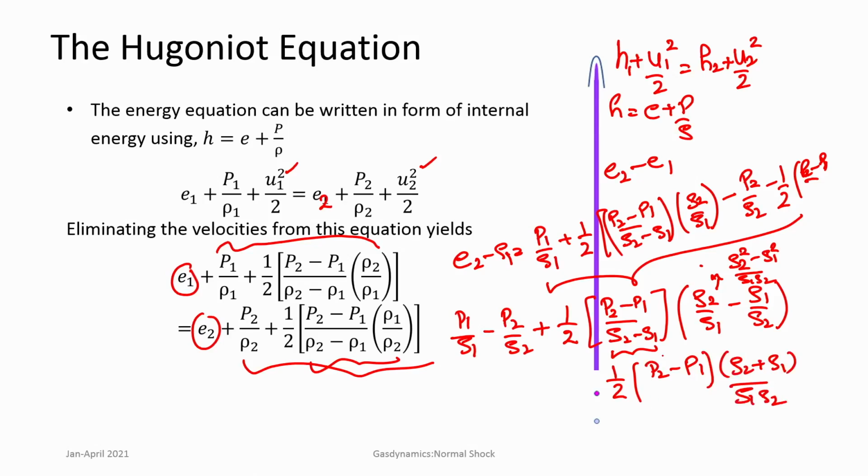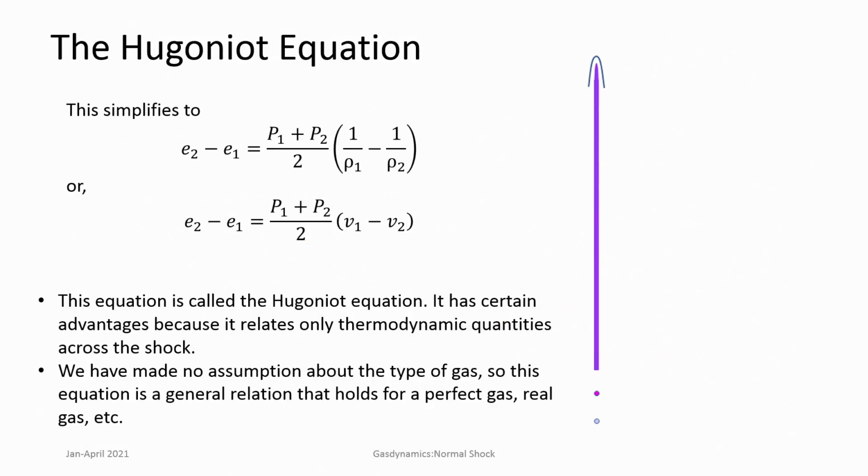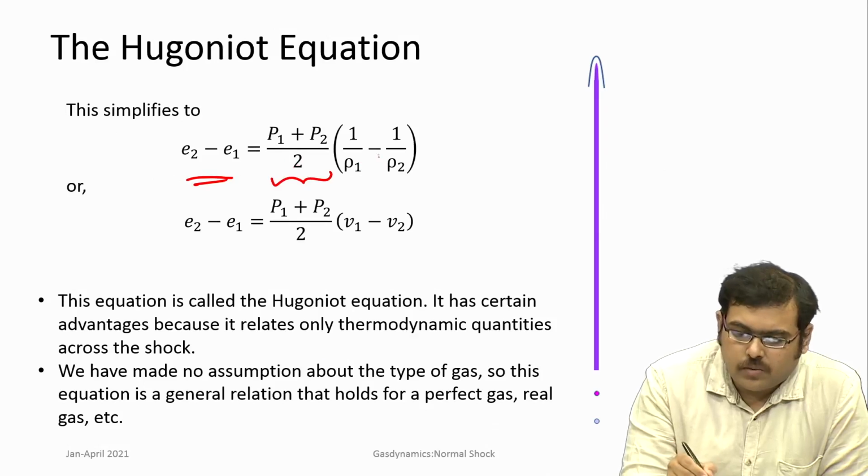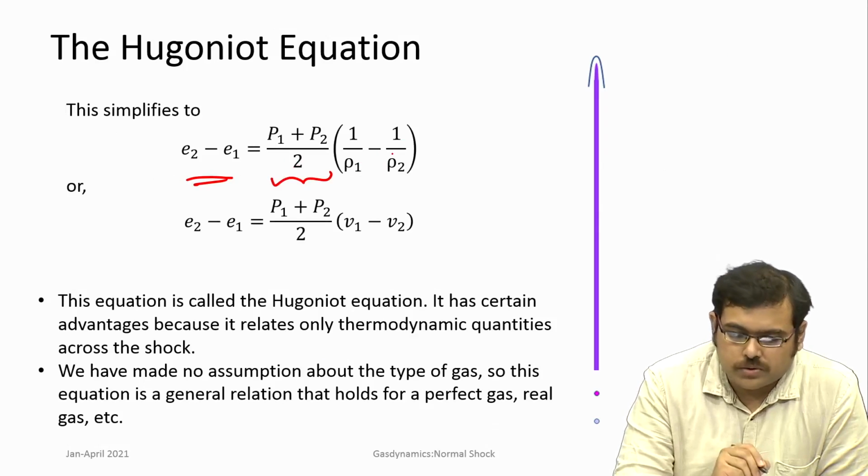So now this can be algebraically simplified, and after simplification this is the expression we get: E2 minus E1 is equal to (P1 plus P2) by 2 multiplied by (1 by rho 1 minus 1 by rho 2).